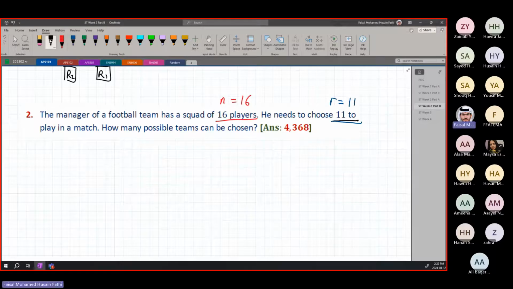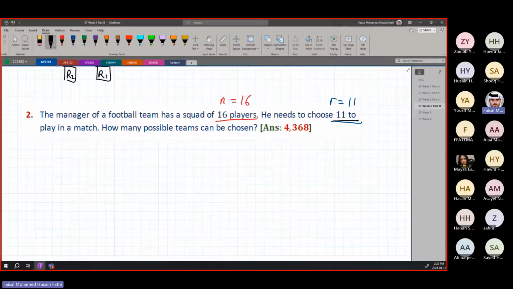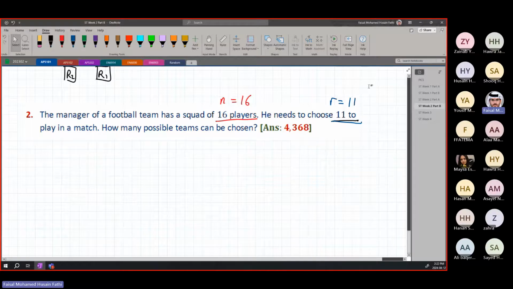Now the question, it's easy to identify N and R, but how do we know if it's a combination or a permutation? When you're playing football and playing in a match, how many teams can be chosen? He didn't specify the order or the arrangement of these team members. He didn't specify if he wants 1 to be forward, 2 to be defense, or however way he wants to explain it, but he never specified the arrangement. He just wants 11 players. So it doesn't matter in which order.